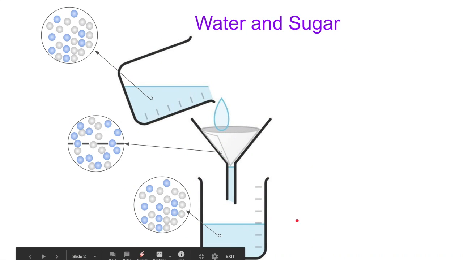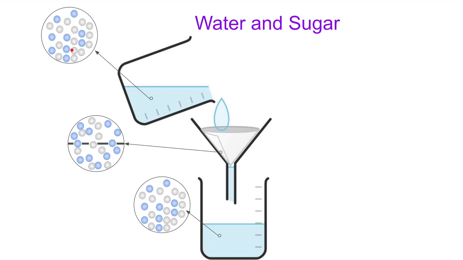This filtration process would not work with the water and sugar mixture that we made. And the reason is, if we look at what's in the beaker, we have those particles that are so finely mixed that they're individual particles that can't be distinguished from each other.